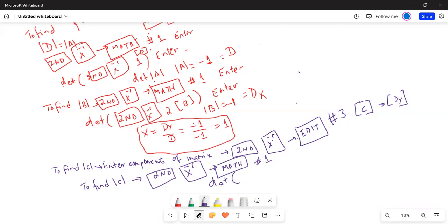Inside the det I will press the second button, then the x minus 1 button, then scroll down to number 3 and hit enter.